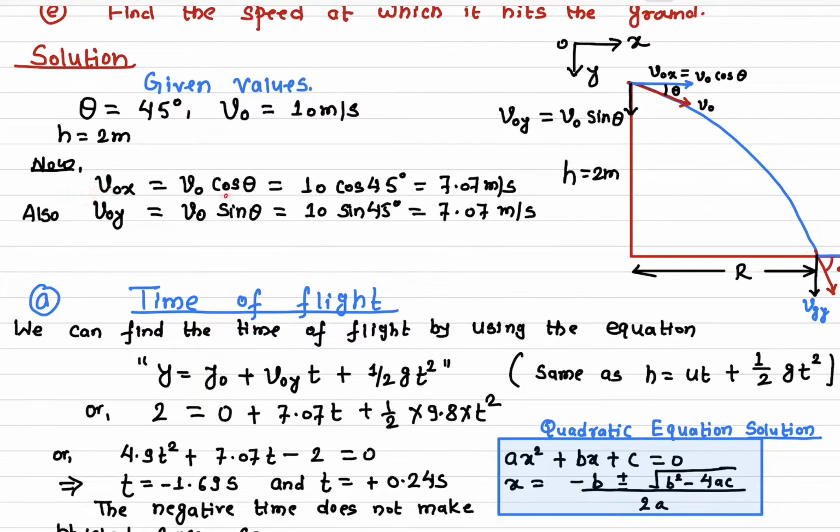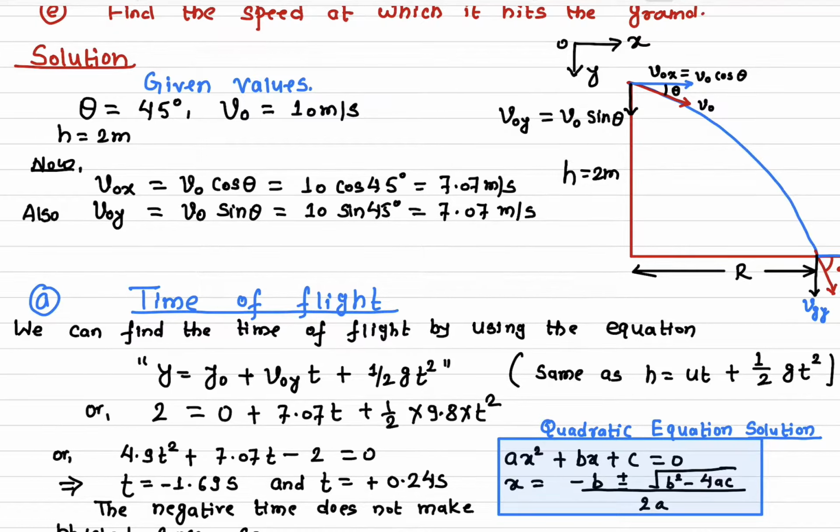So v0x, the cosine component, is 7.07, and similarly v0y, v0 sine theta, if you plug in, you'll get 7.07 meters per second. Now let's calculate the time of flight.